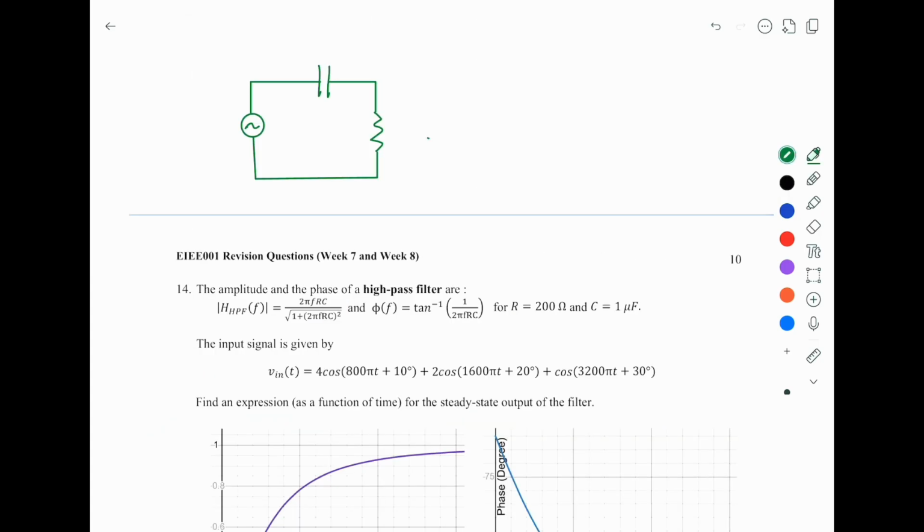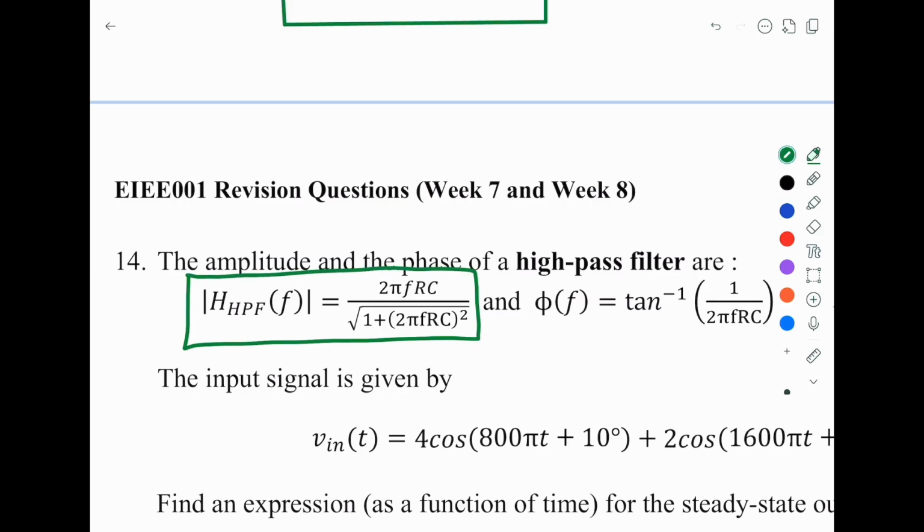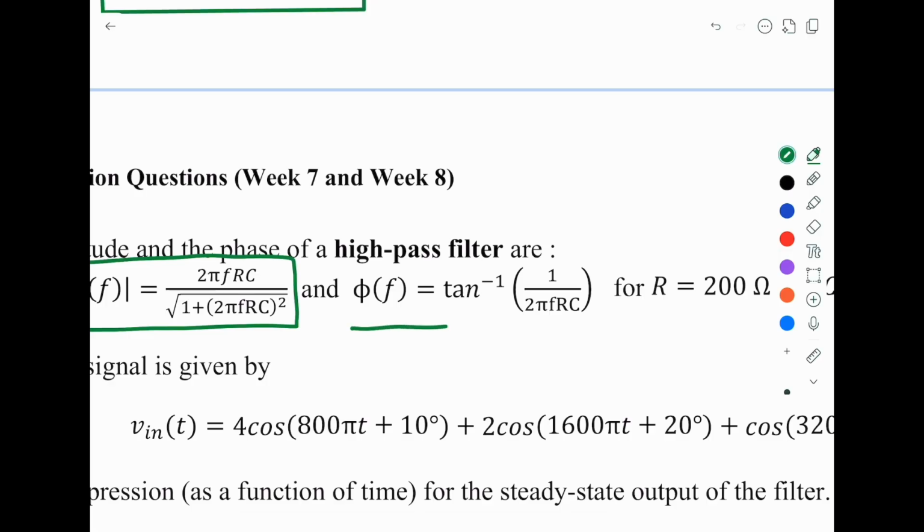For an RC circuit, if we obtain the output signal across the resistor, this will become a high-pass filter. The transfer function of the high-pass filter is described by this equation. This is for the amplitude, and this is for the phase shift.